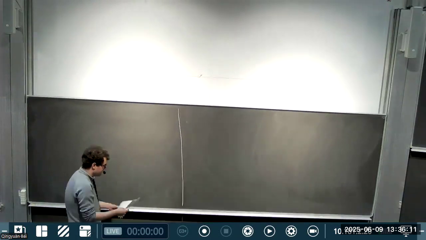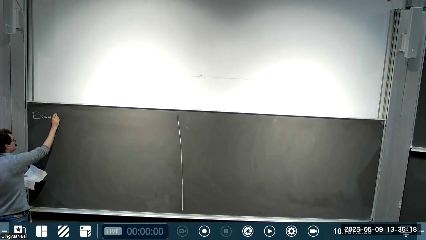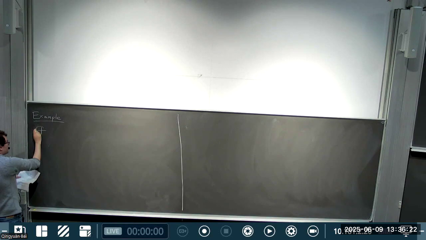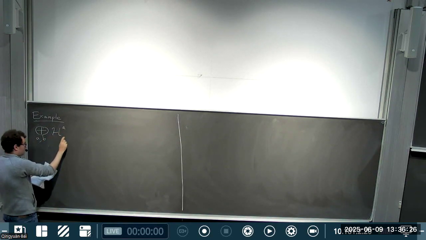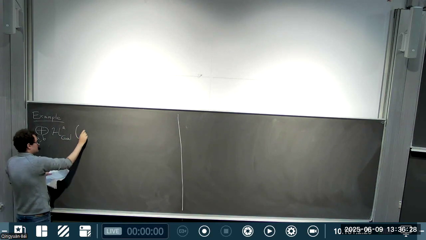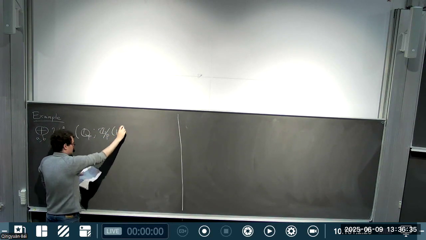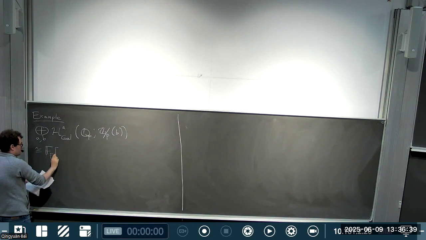Let's do this. Let me just be very concrete and give an example. So if I look at the direct sum of these homology groups, this is easy to describe as an F_p module.